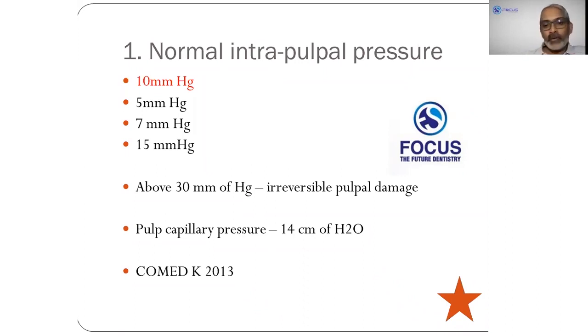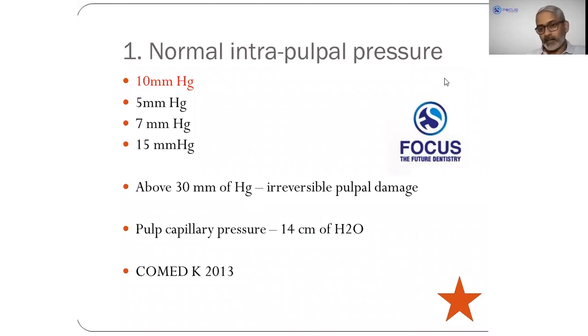And what happens if the intrapulpal pressure increases? When does the intrapulpal pressure increase? Yes, when you have a pulpal inflammation, naturally intrapulpal pressure increases. A patient suffering with pulpitis comes to you, sitting in the dental chair, the moment you anesthetize and open the pulp chamber, you can see a sprout of blood coming out.